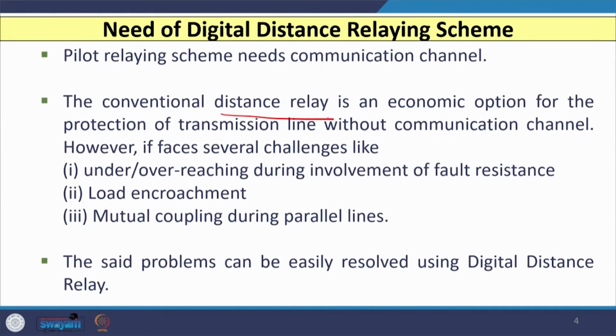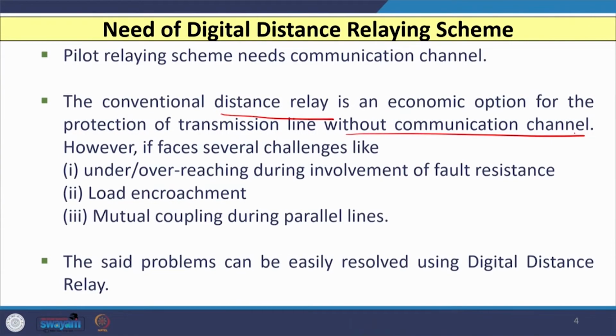Pilot relaying schemes need a communication channel and hence are very costly. So, the only option is the utilization of a distance relay, which is very economic, and we can have the protection of long EHV and UHV lines without utilizing a communication channel.